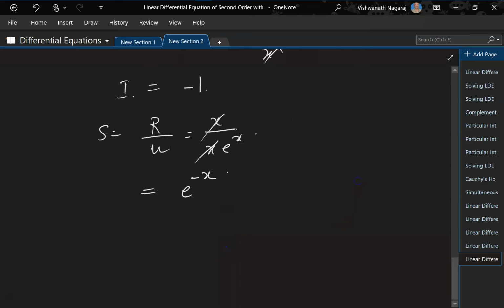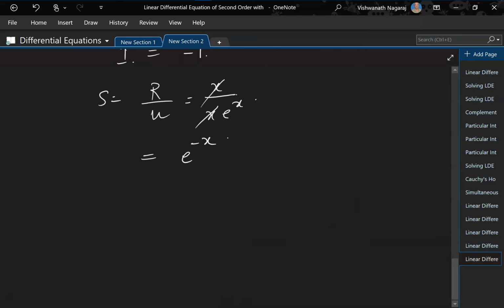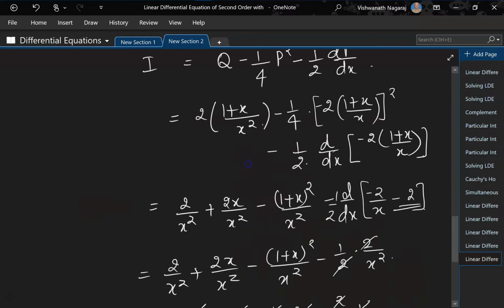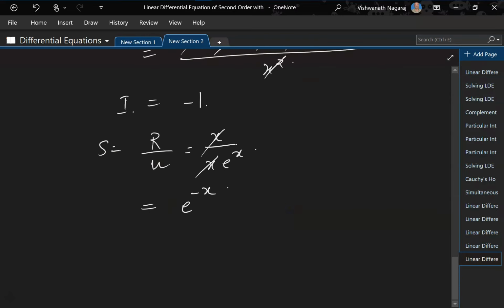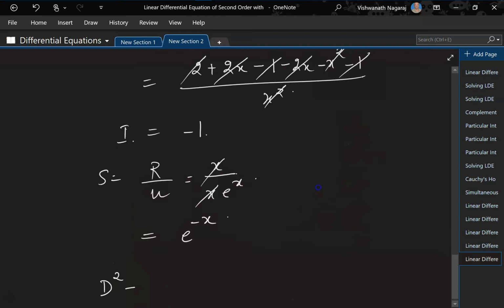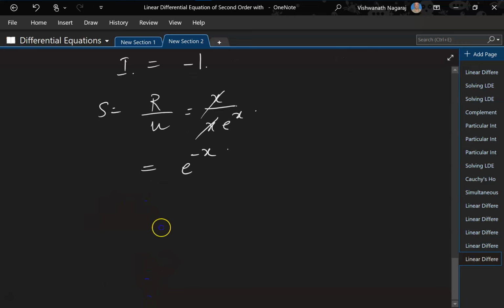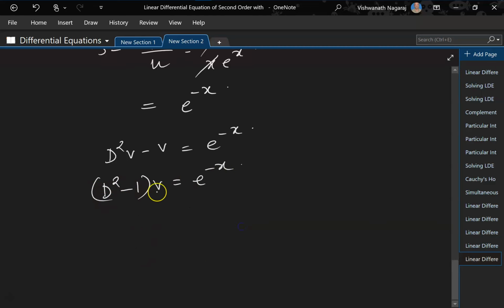So our equation becomes d²v by dx², so that can be written as d² minus 1 times v, or d²v minus v is equal to e to the power of minus x. This can be written as (d² minus 1) v is equal to e to the power of minus x. Now this is something that we can solve.